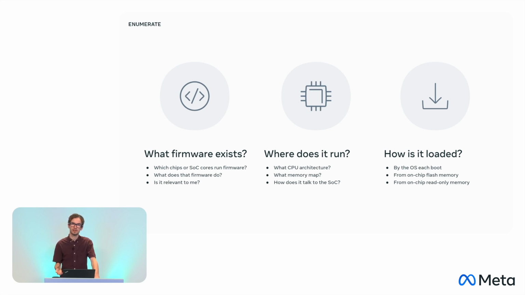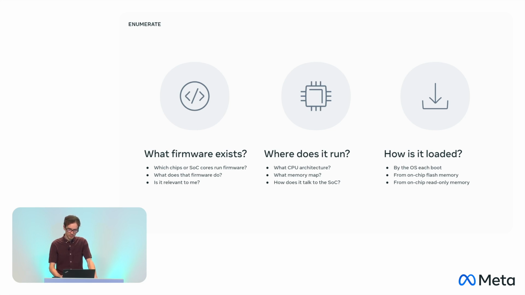So where does it run is saying, basically, is this pre-boot firmware? Does it run on the main CPU just before the OS? Or is this something like Wi-Fi firmware that runs in a completely separate, isolated chip with its own hardware, its own architecture maybe, and its own memory and connection to the main processor?